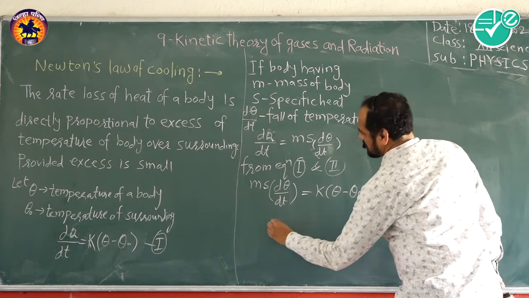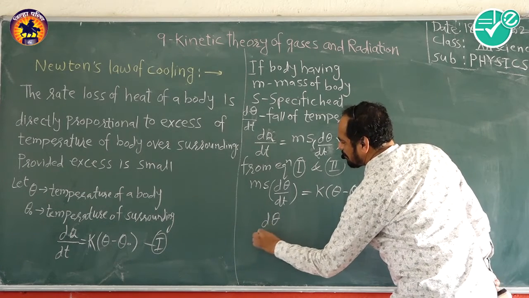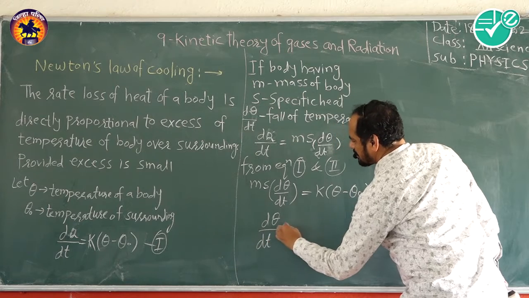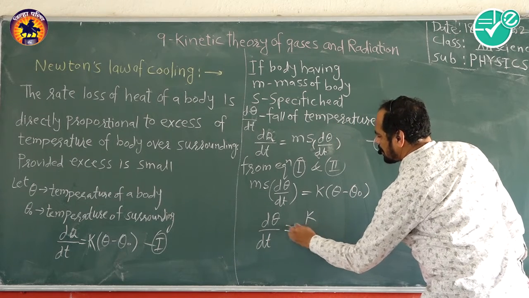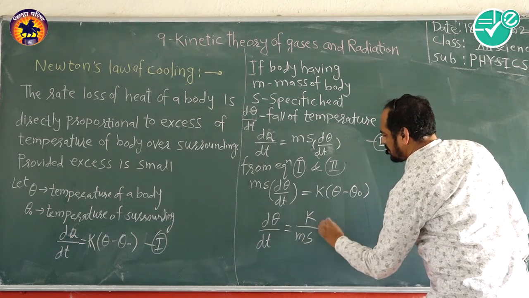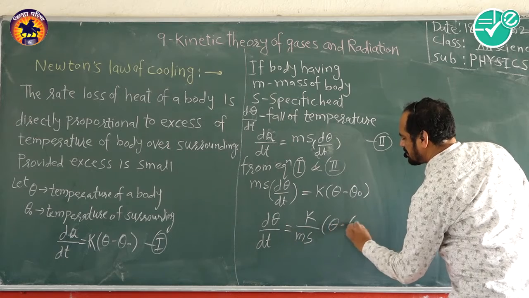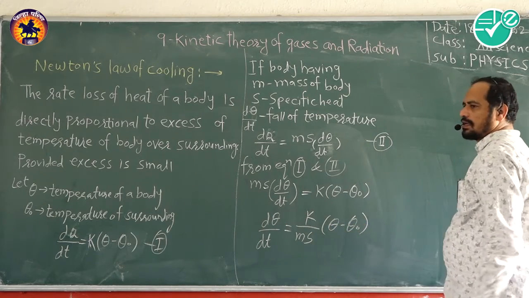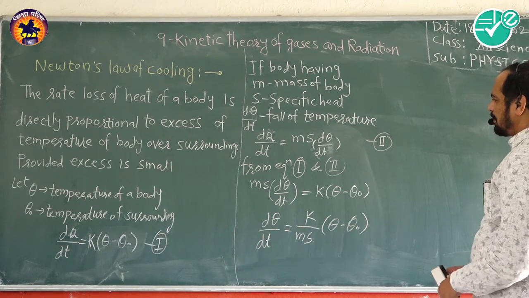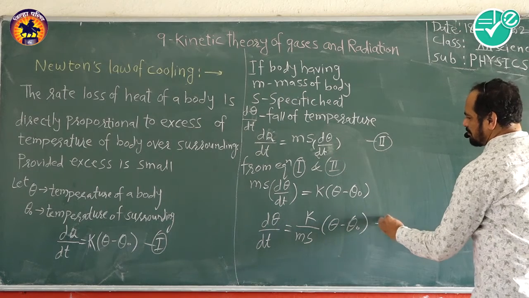We can also write this as d theta upon dt equal to k upon m s in bracket theta minus theta 0. We say this is equation number 3.